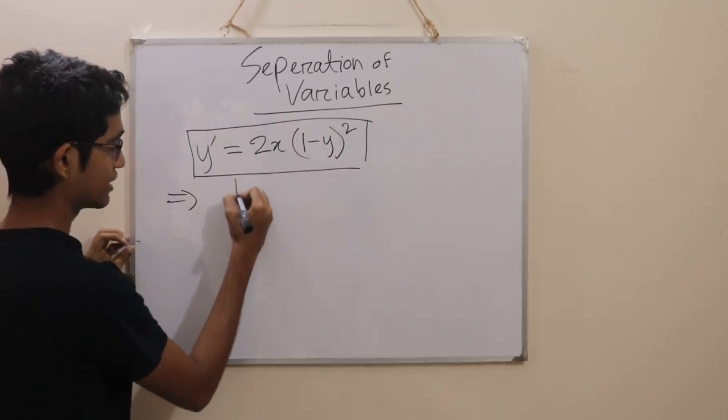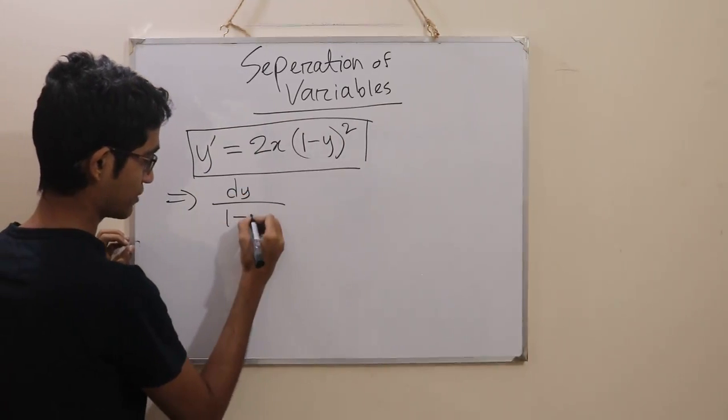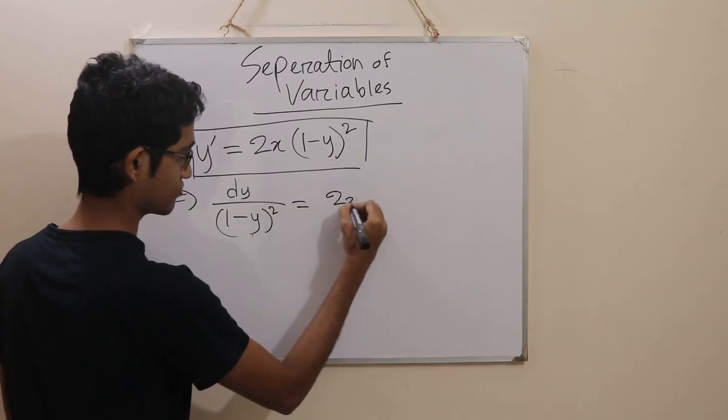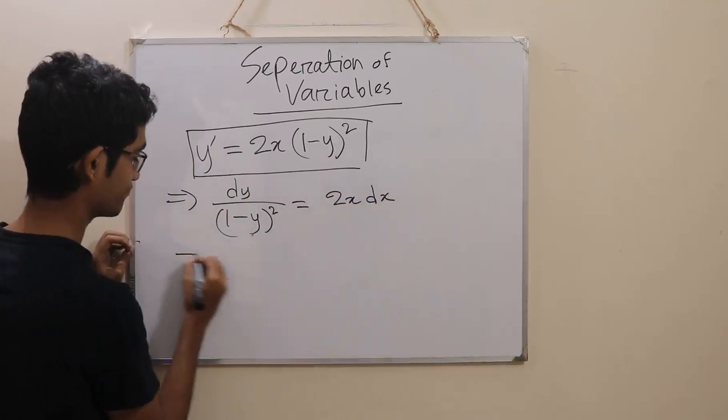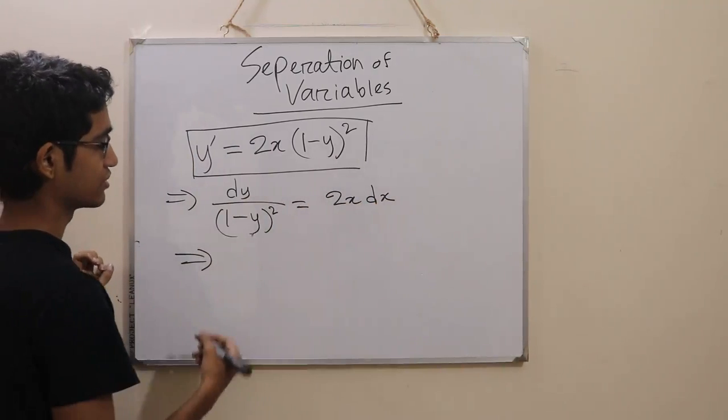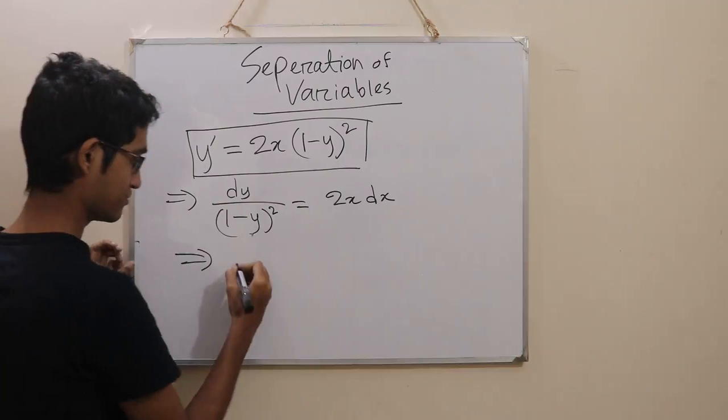So on the next line we can write dy over (1 minus y) whole square is equal to twice x dx. And this we have to now integrate. And what is the result of the integration on this side?